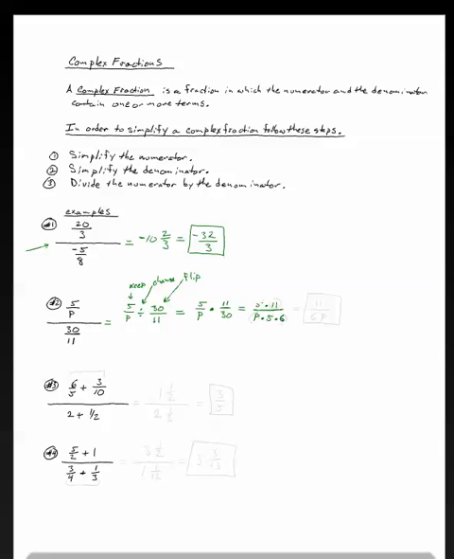The reason I'm doing that is because I'm really looking for common factors that I can cancel in the numerator and denominator. And now I have a common 5 that I can cancel. And now I just multiply what's left over. In the top, there's only 11 left over. In the bottom, there's a p and a 6. So p times 6 is just 6p.